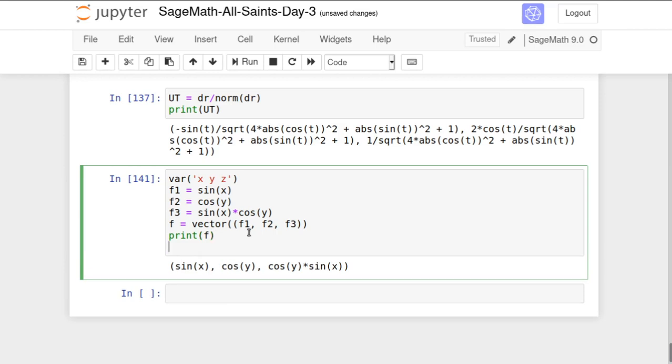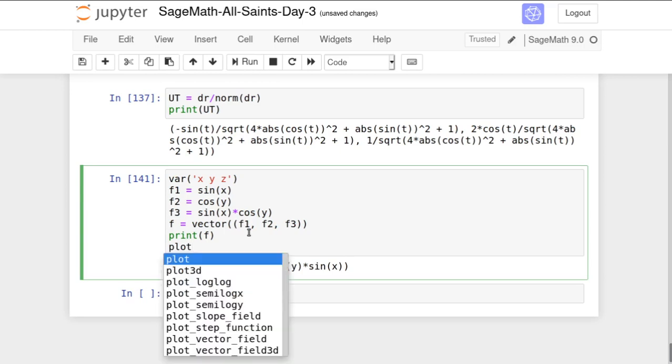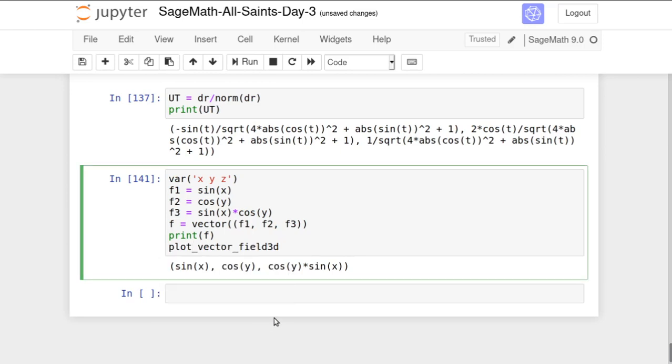So if you want, we can actually plot and see how exactly the vector field looks like. So we use plot vector field 3D. We use the function, and the function is f, and the range for x we will give say -2 pi to 2 pi, and for y also we can give the same range.